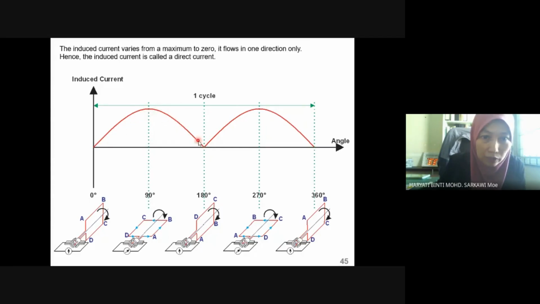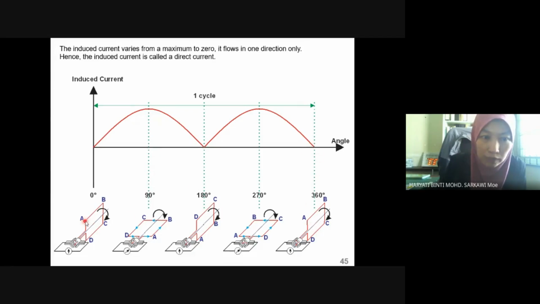So this refers to the magnitude of the induced current increasing until maximum, then decreasing until 0. Do you realize that the 0 here is where the position of the armature is vertical? Vertical, 0. There is no cutting of magnetic flux by the conductor, so 0 induced current, 0 EMF.